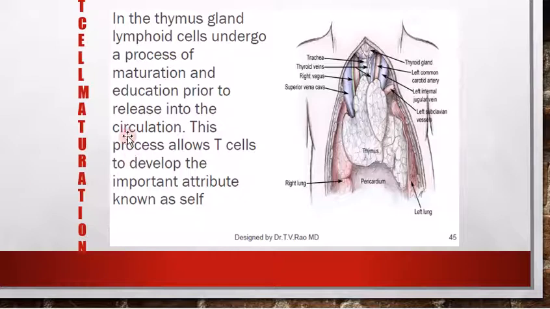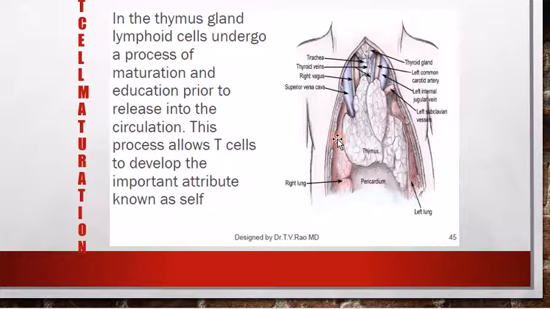The thymus gland undergoes a process of maturation and provides an education, meaning T cells must understand what is self and what is non-self. They must understand what is foreign particles and what is their own body particles. Since T cells destroy whatever comes on the way, if T cells recognize the body parts as foreign, they will destroy them.